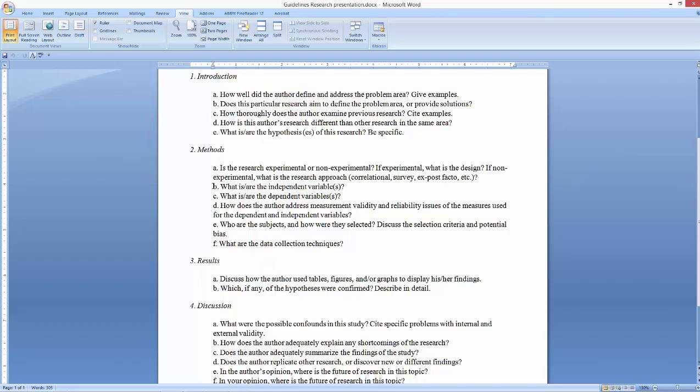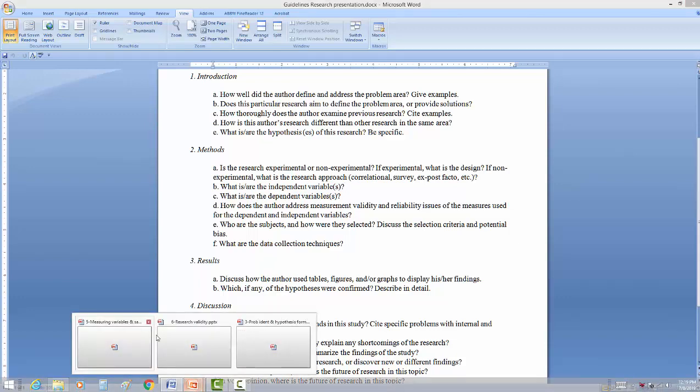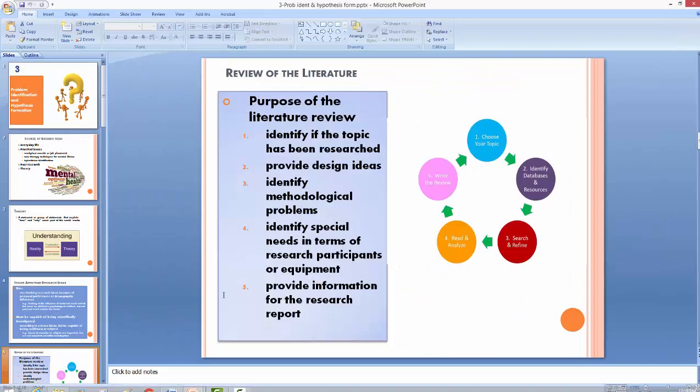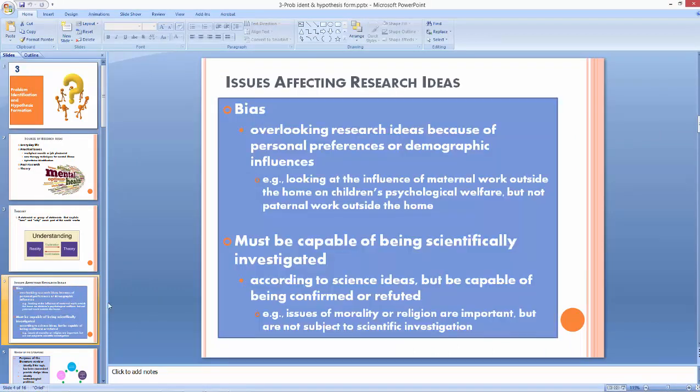Then what is or are the independent variables? Okay, go back and look at what an independent variable is. I think that we talked about what independent variables are.